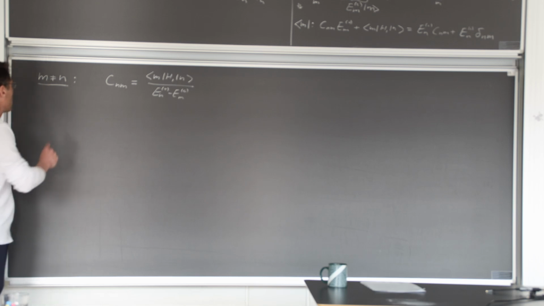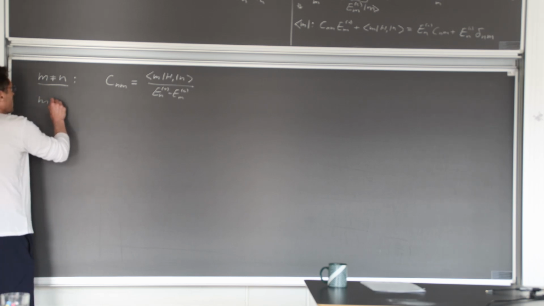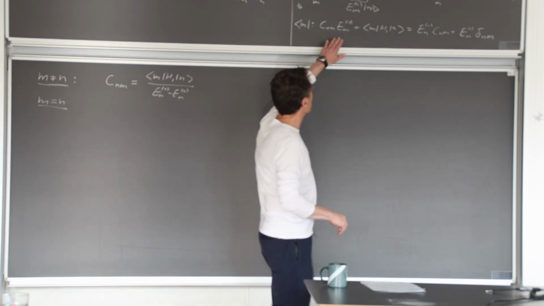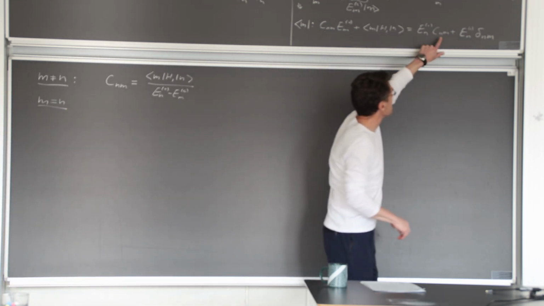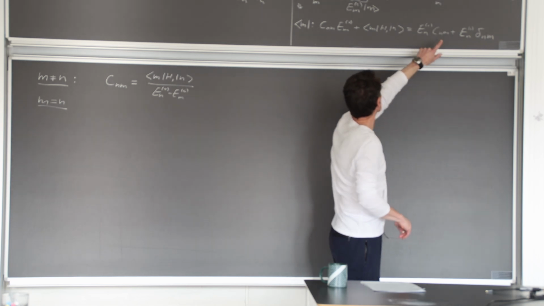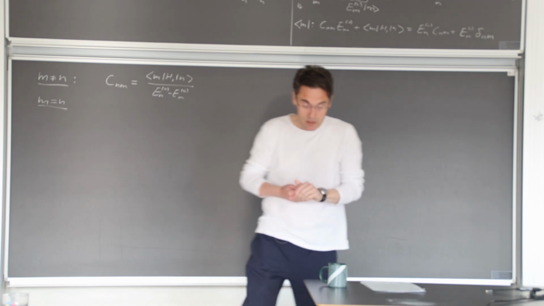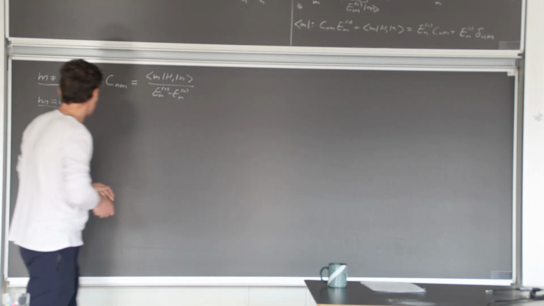So that's all good and well. But now apparently I would have a problem here, because this obviously doesn't apply if m is the same as n. Then I just get the identity, because this term is the same as this term, so they just cancel. And this term is still the same as this one. So that doesn't give me any further information.